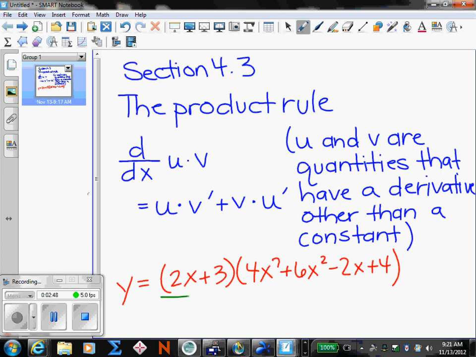This quantity here is my u. This quantity here is my v.